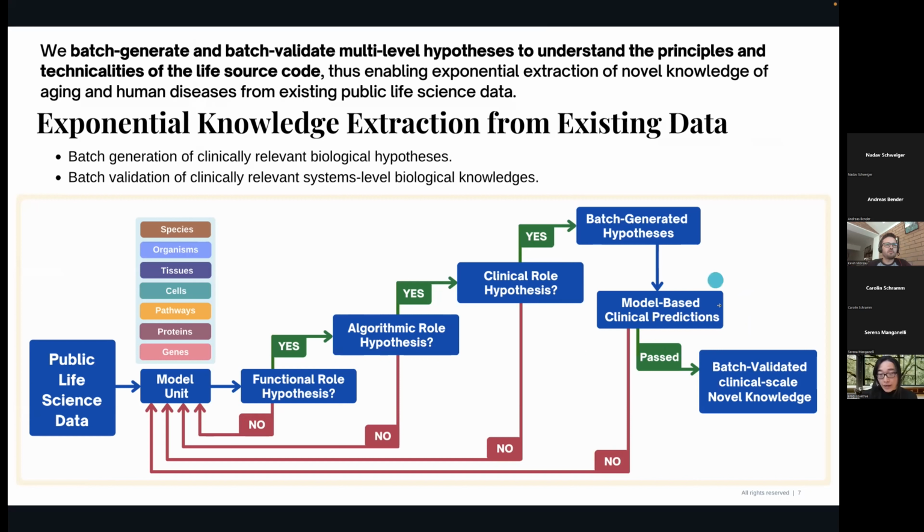That's the reason why we came up with a novel approach of making predictions of ongoing pivotal clinical trial outcomes as a systematic way to evaluate the clinical-scale quality of all these newly generated hypotheses. If the predictions can be of really high accuracy and precision, then our batch-generated novel biological hypotheses would become batch-validated, clinical-scale novel knowledge.